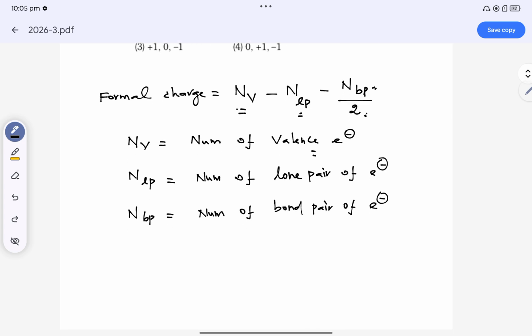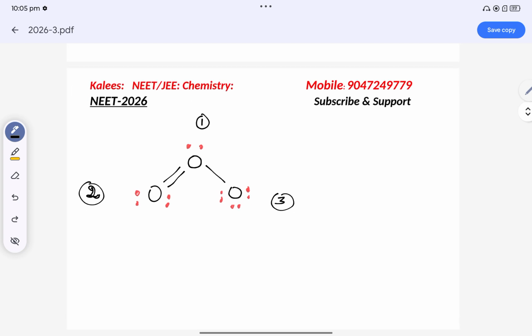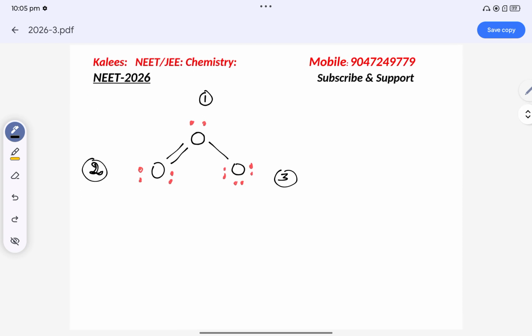My dear students, listen carefully. Here I have written it once again. This is case 1. The number of valence electrons of oxygen is 6, minus the number of lone pair electrons. For case 1, the number of lone pair electrons is 2.